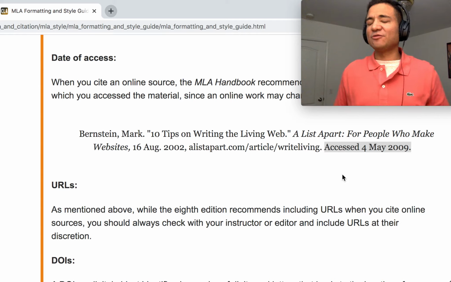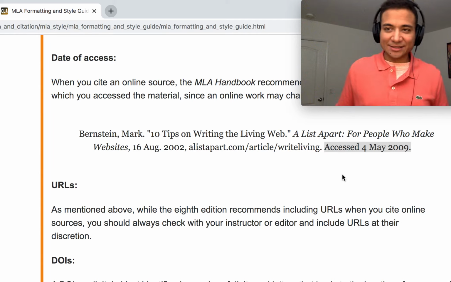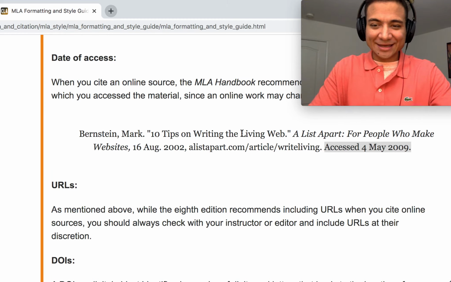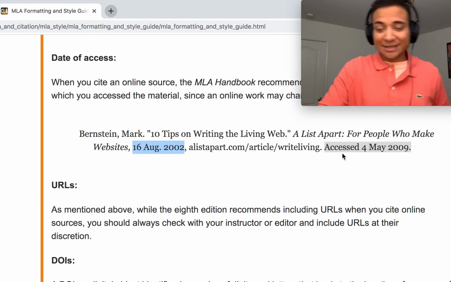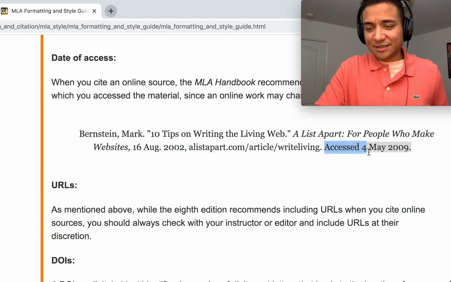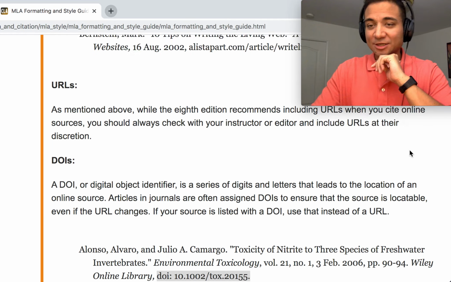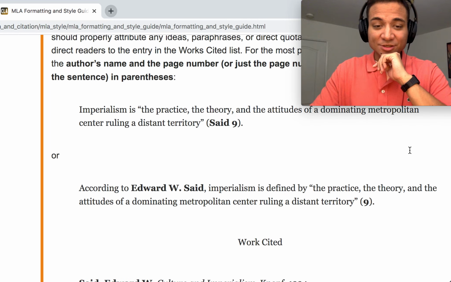Before it's made public, you can't access it. So do pay attention to that. The homework's going to try to trick you. Here we're saying that this person accessed it on May 4th, 2009. See how there are two dates here? 2002 is when it was published. Accessed serves as the word to mark when it was accessed, obviously. So pay attention to that. The homework's going to try to trick you.